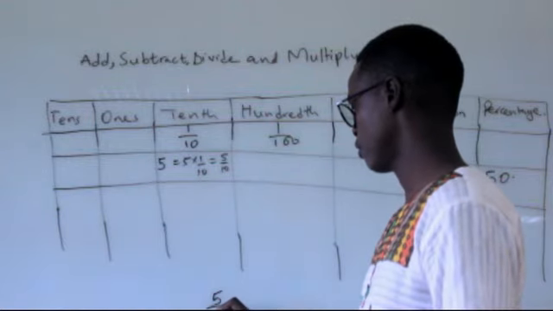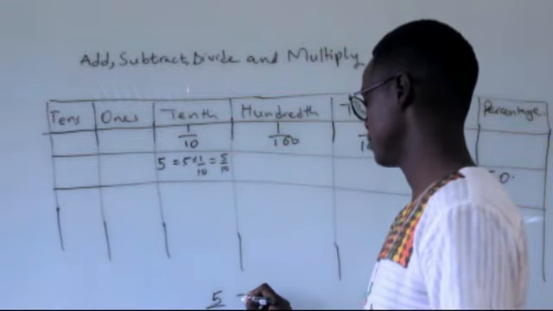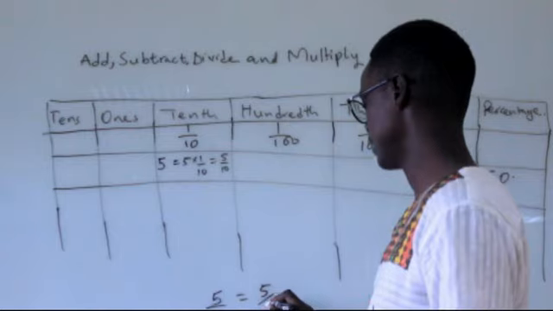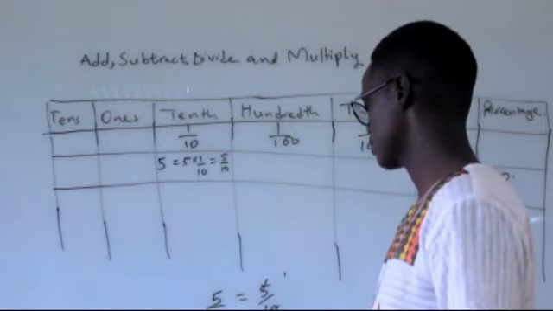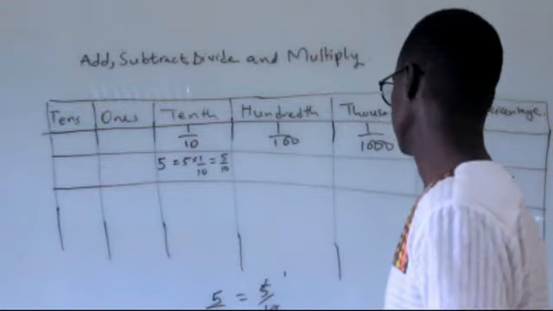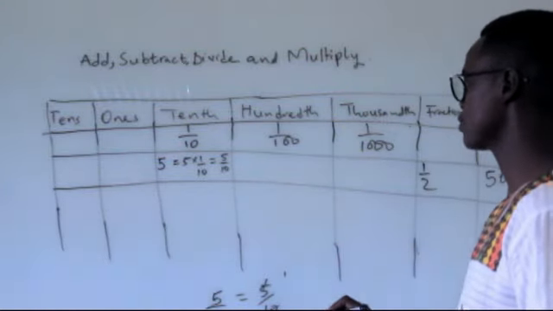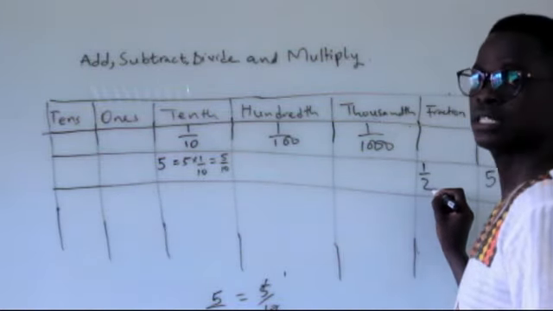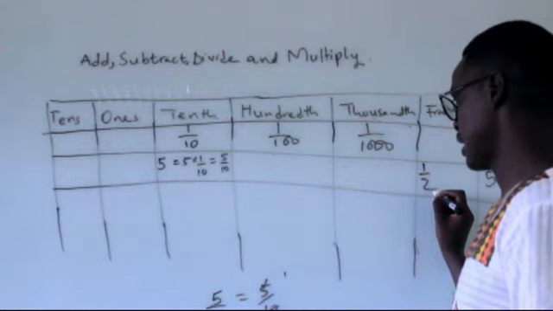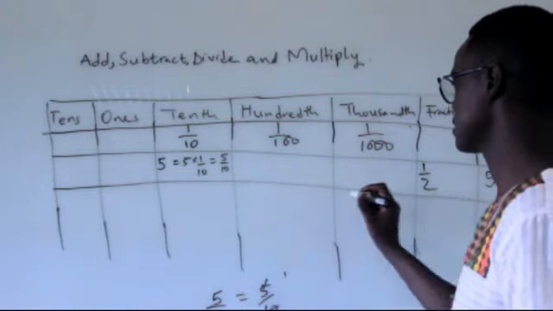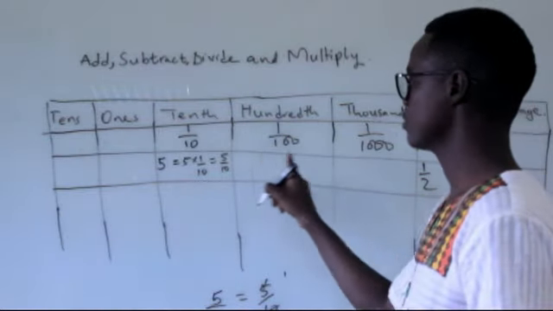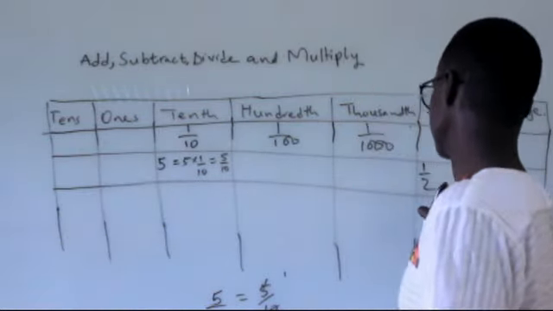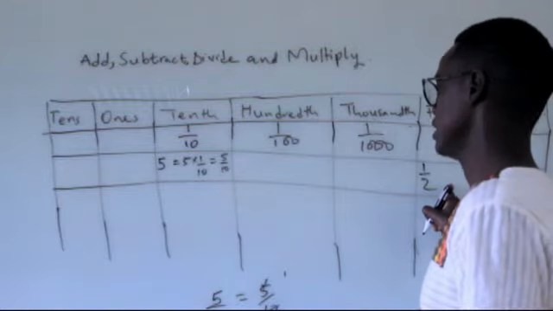So 5 over 10 can be reduced by 5, 1 by 5, 2. This is 1 over 2. So we realize that actually this is the fraction given. What does it imply? It implies that if this is a half, we need to add 0, 0, 0, and 0 to get this fraction that we are given.